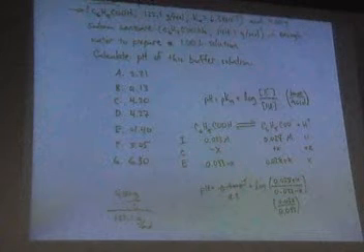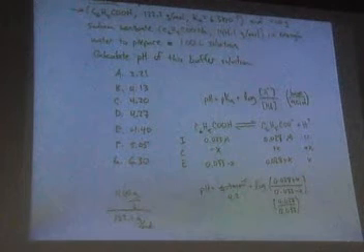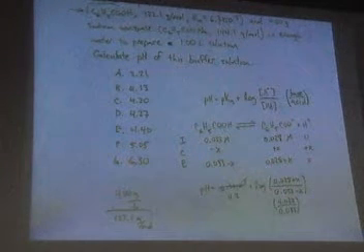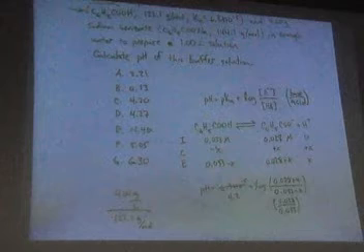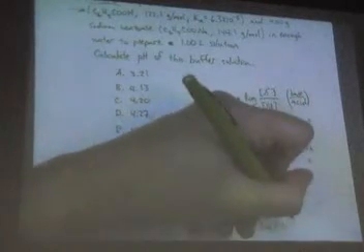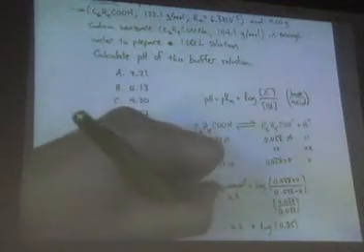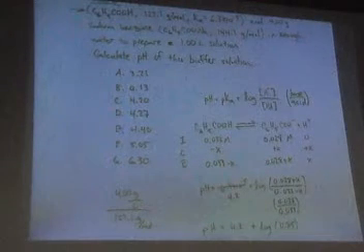And so then we can say the log of 0.028 divided by 0.033, so then we get the log of 0.85. Something like that.